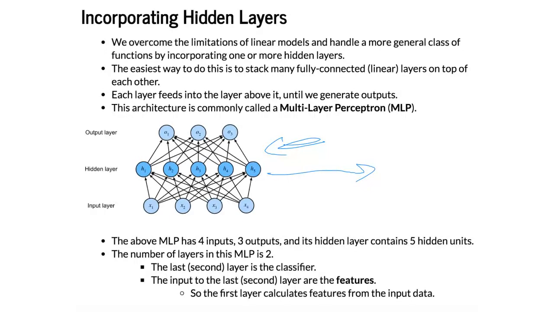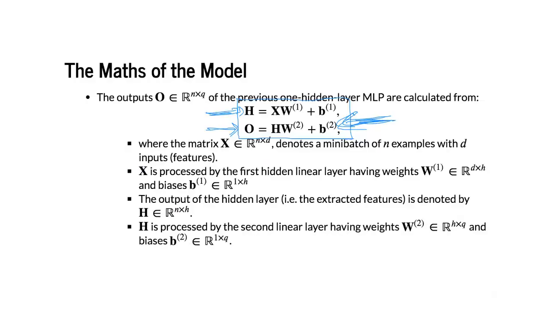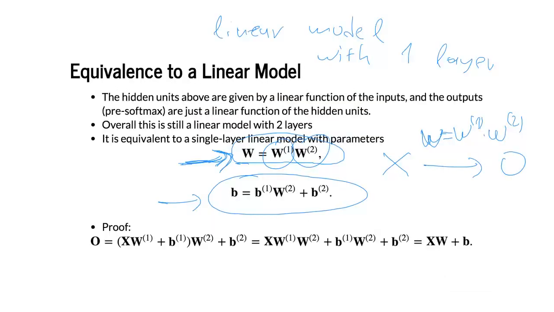So although it's a two-layer architecture, it can still be expressed as a linear model. So I didn't really gain anything. You can actually prove this, and if you want, you can have a look at the proof.